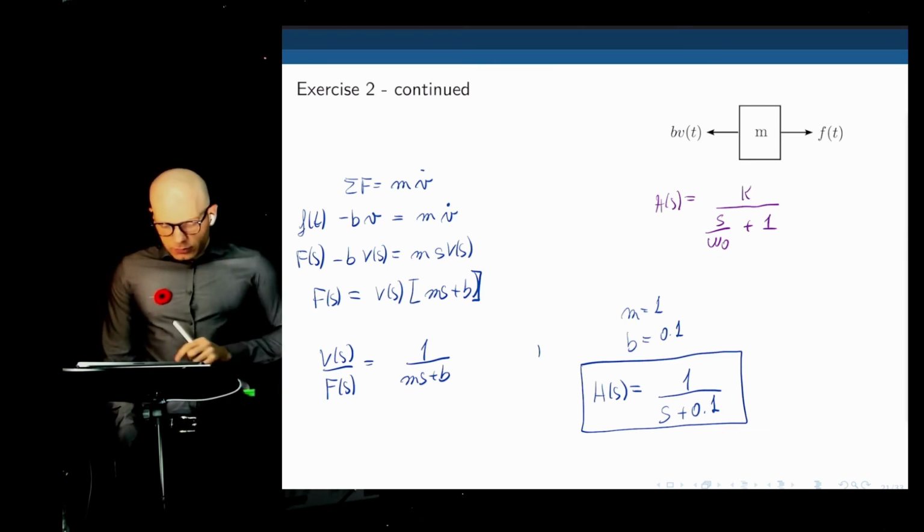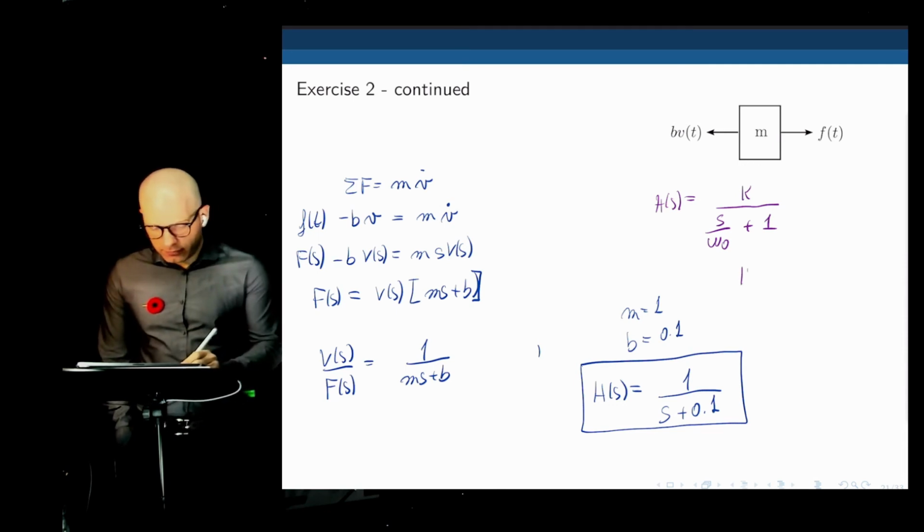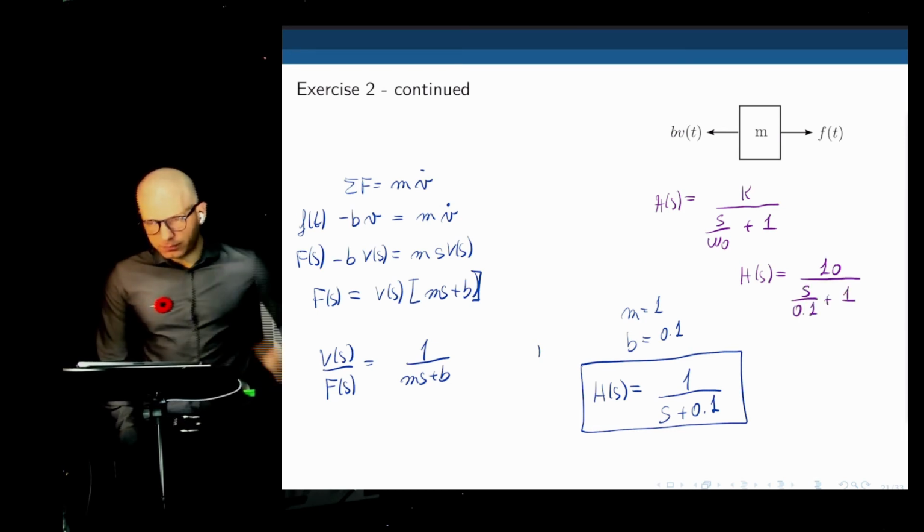What do we have here? This would be the same as dividing everything by 0.1, the top and the bottom. So we have H of s is the same as 10 divided by s over 0.1 plus 1.